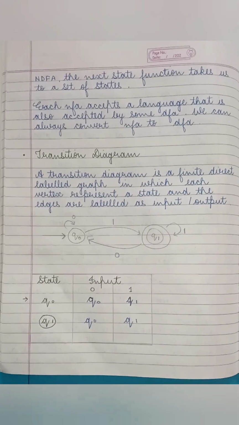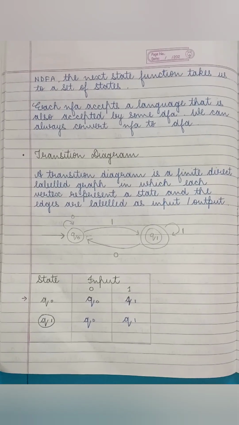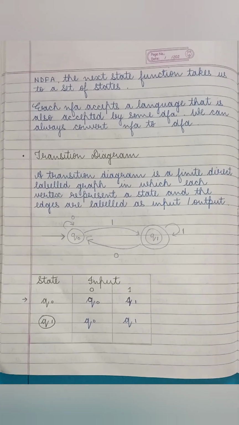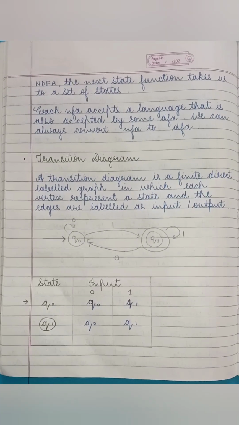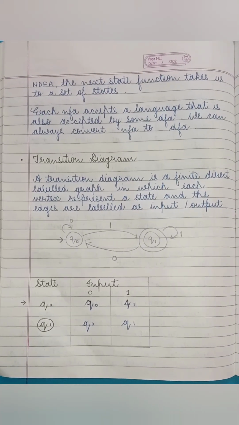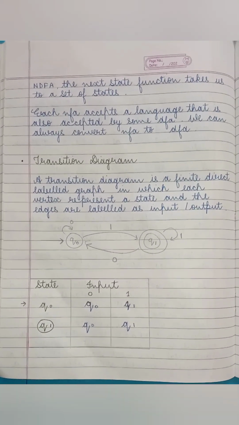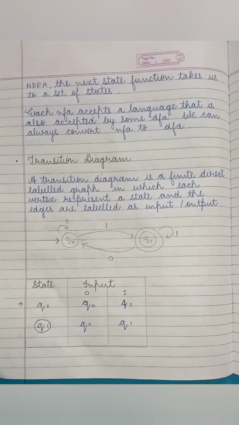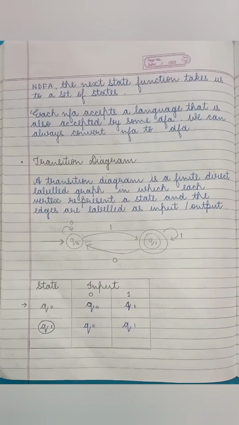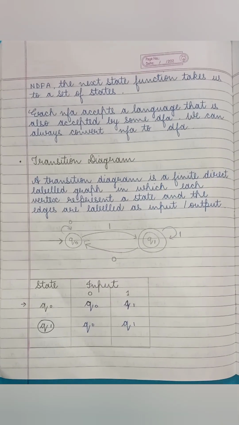Transition diagram. A transition diagram is a finite, directed labeled graph in which each vertex represents a state and the edges are labeled as input or output. Now seeing the following example, Q0 and Q1 as vertices are states and 0 and 1 are input values.